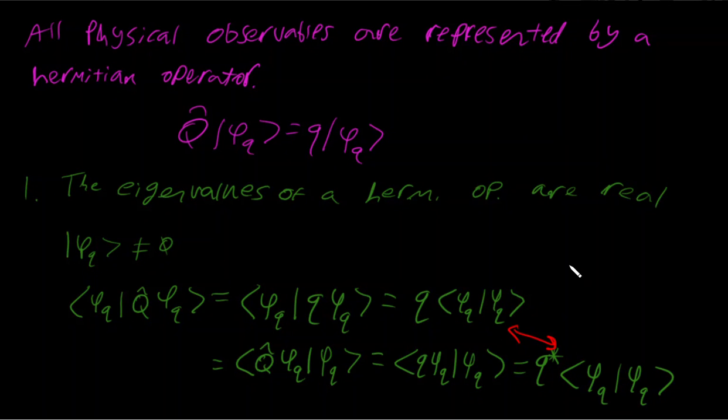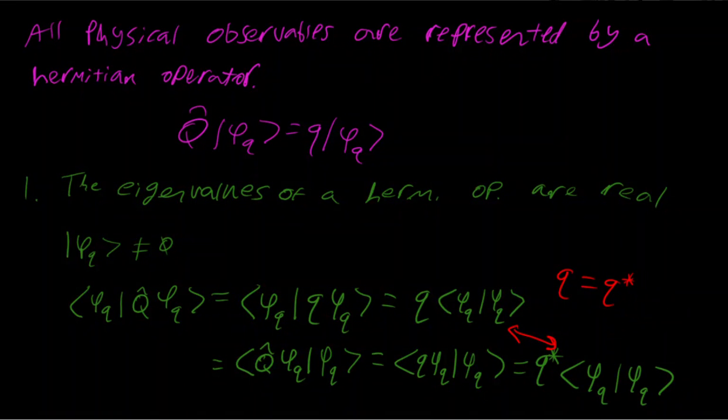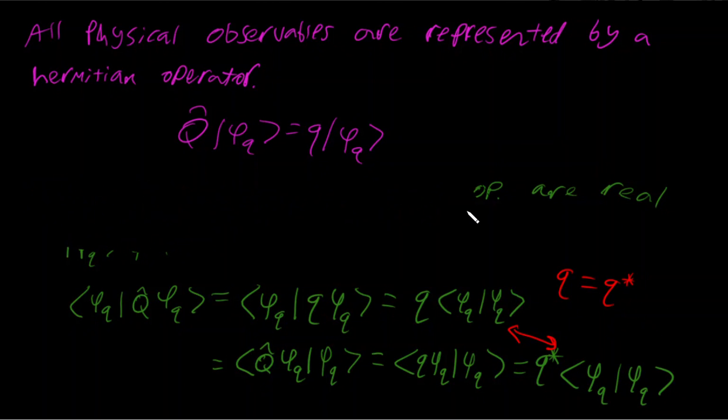So if phi sub q is not equal to 0, that would mean that q is equal to q star, which means q is real.